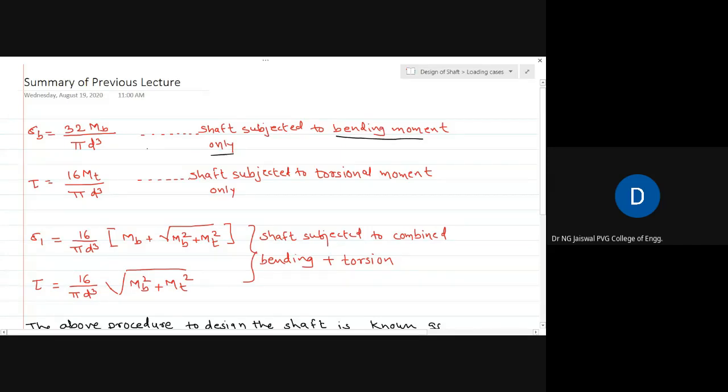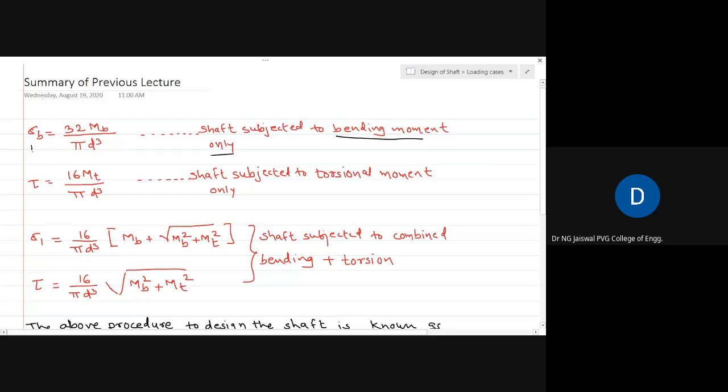We derived one equation from some basic formula which you know, M upon I is equal to sigma b by y is equal to E by R. From that equation, called the flexural formula, we came to know that the bending stress sigma b can be found as 32 Mb divided by pi d cube.